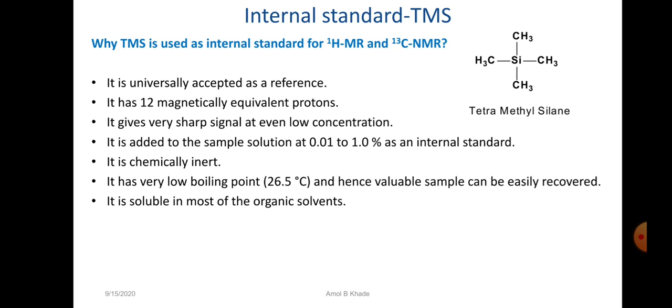So if your sample is valuable, you can record the NMR spectra, and once the experiment is done, you can recover your sample if required, and TMS can be easily evaporated because its boiling point is very low. TMS is also soluble in most organic solvents.